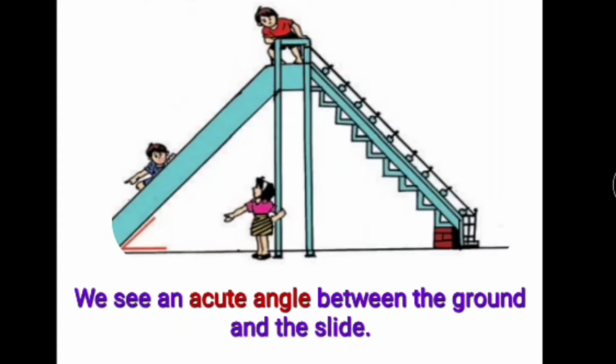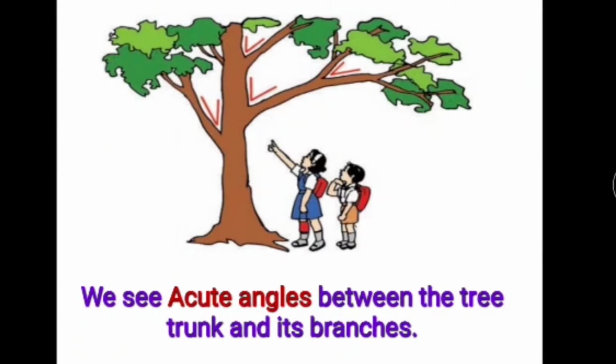Now here we can see an acute angle between the ground and the slide. This is the acute angle. Here we see acute angles between the tree's trunk and its branches.